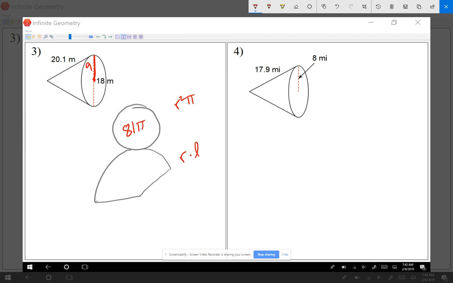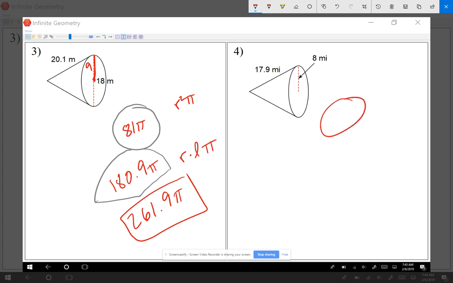So I just go 20.1 times 9, and I will add the pi at the end. That gives us 180.9 pi. Then just add everything. 180.9 plus 81 gives us 261.9 pi.